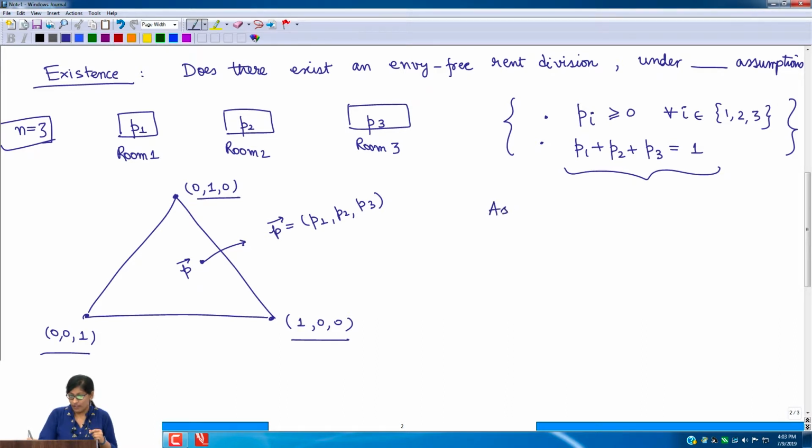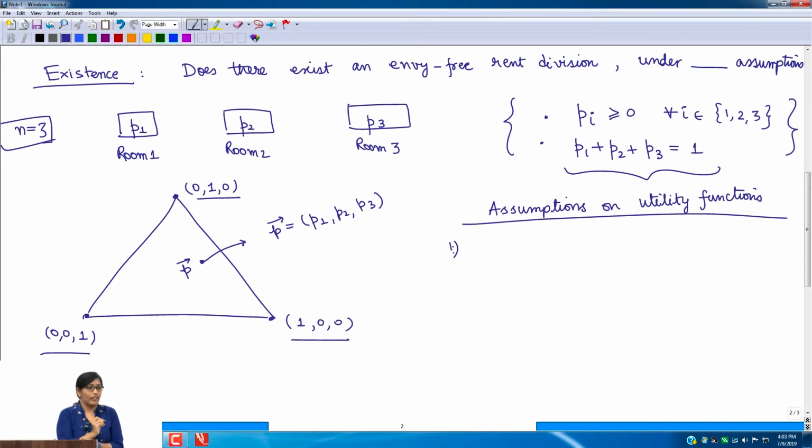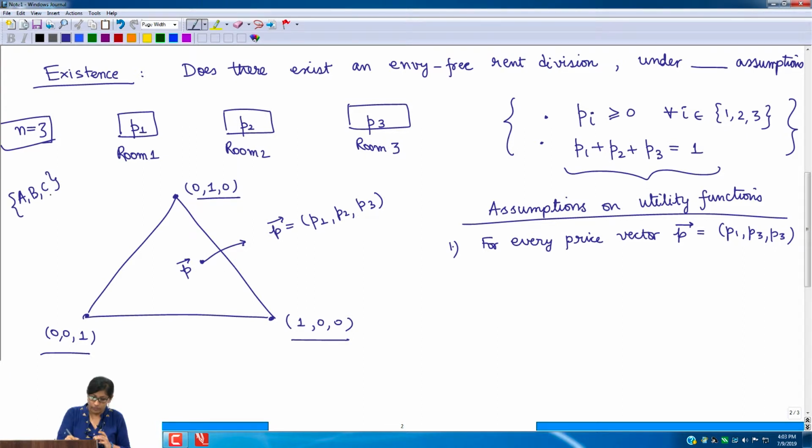So these are some assumptions I'll have on preferences or utility functions. As we saw yesterday, the first one is that for every price vector p, and let's say again we have 3 agents in the system, A, B, C, 3 friends, whatever you want to consider.